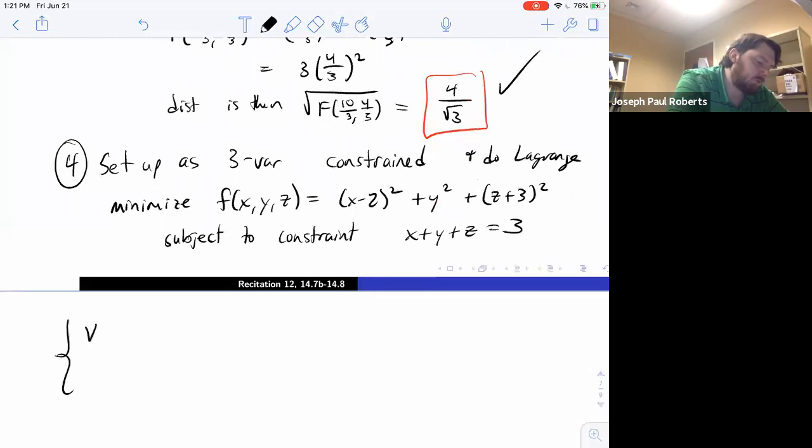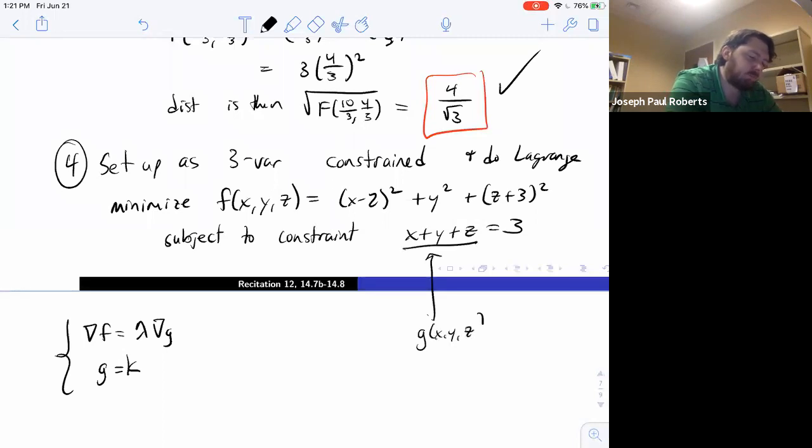So Lagrange for this is grad f is lambda grad g, and g equals k. And so this is the g of x, y, z, giving us our constraint.